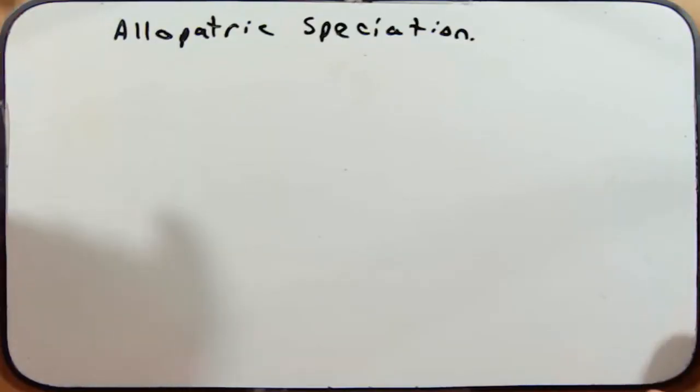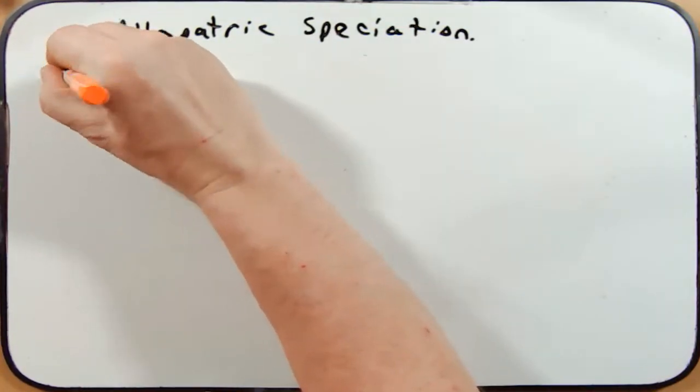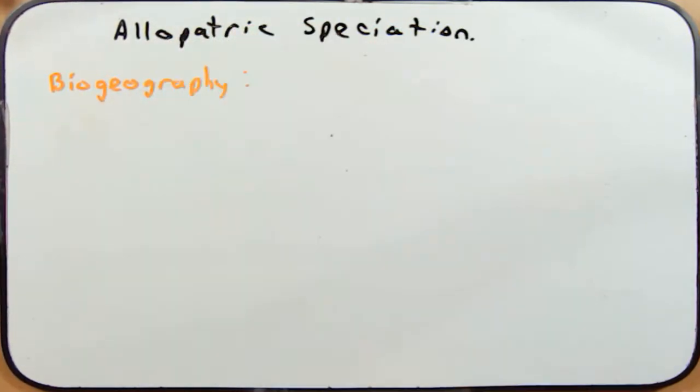Okay, so we're going to now focus on allopatric speciation, but before we do that, I'd like to define a term, and that term is biogeography. And biogeography is the study of how species and populations are distributed geographically.